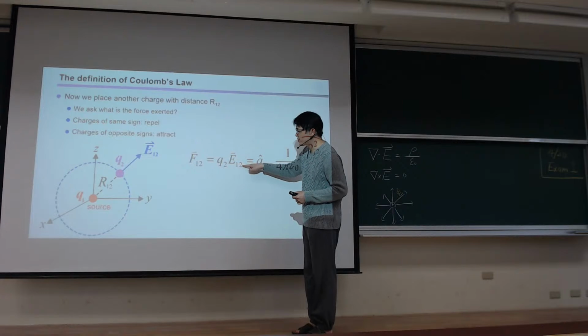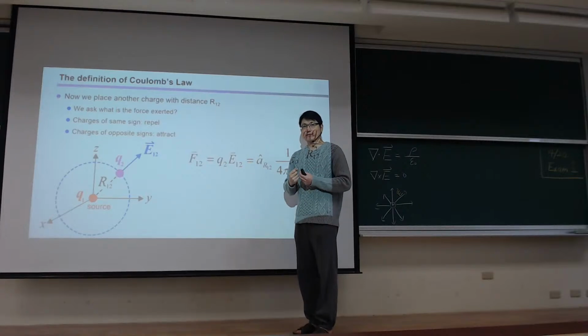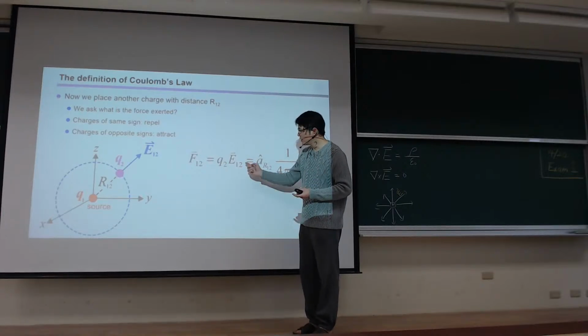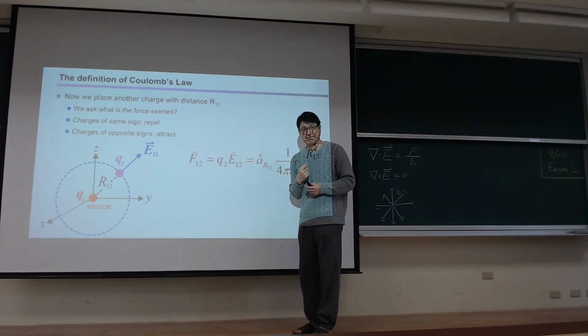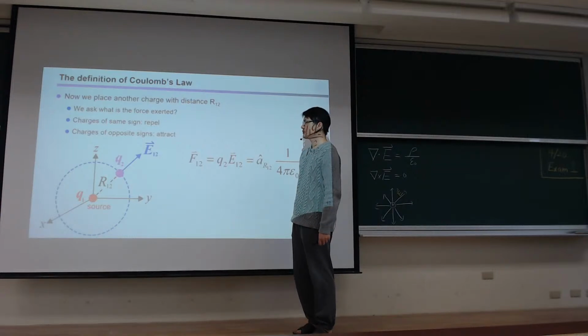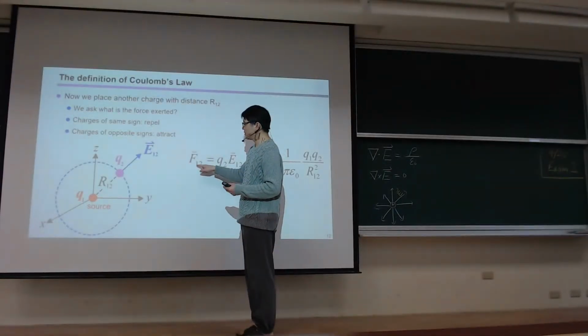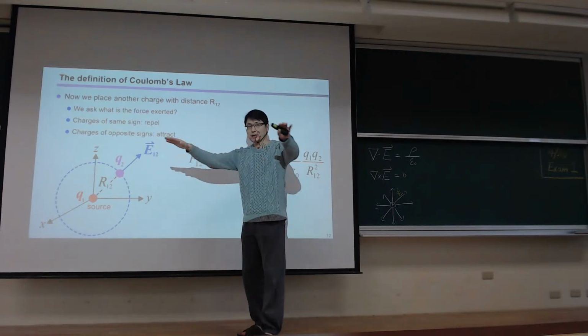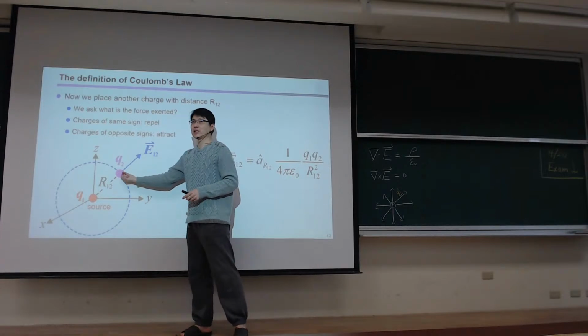So E12 means the first charge is accounted for the field distribution. And this 2 is only to give the charge. Okay? So this means when you write F12, you understand charge 1 is setting up the field distribution. Charge 2 is only trying to contribute this amount of charge.